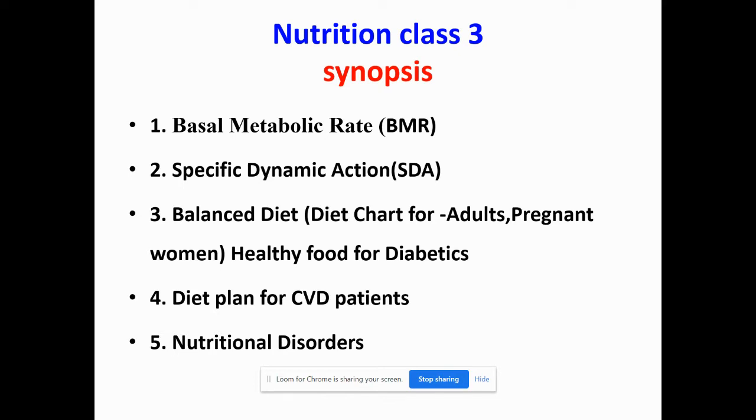Last class we had discussed what the essential amino acids are, and we elaborated on nitrogen balance. What is a positive nitrogen balance? What is a negative nitrogen balance?